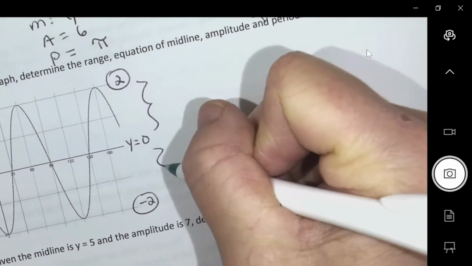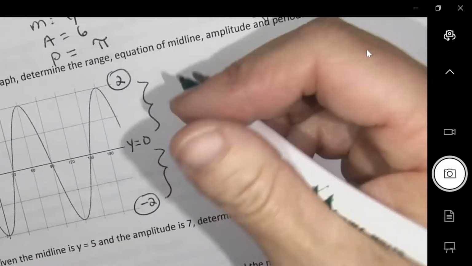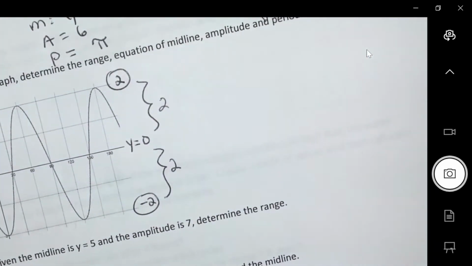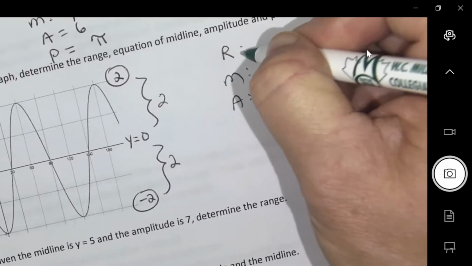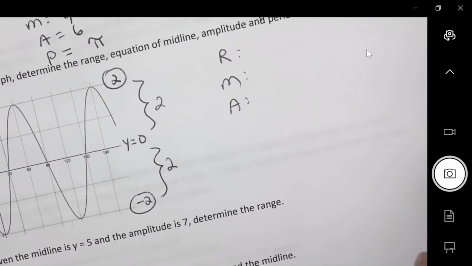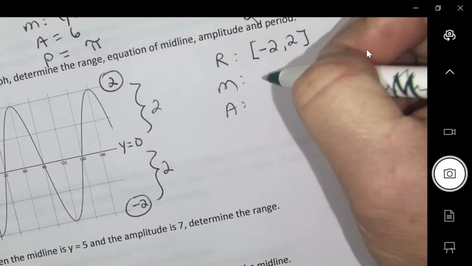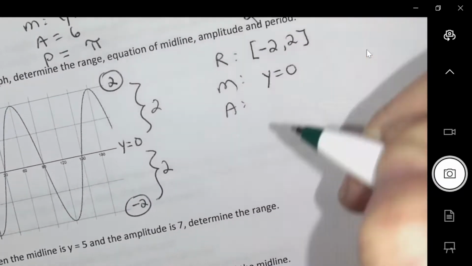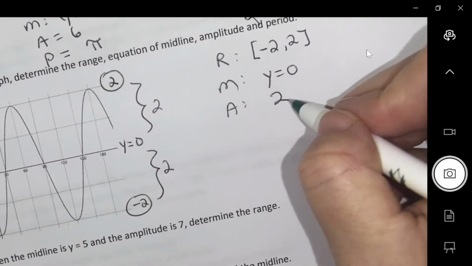And now I'm going to make a note of how much spacing I have. These ones seem to be faster, so we'll deal with the period after. So the range is -2 to 2. The middle is y equals 0, and the amplitude was 2.